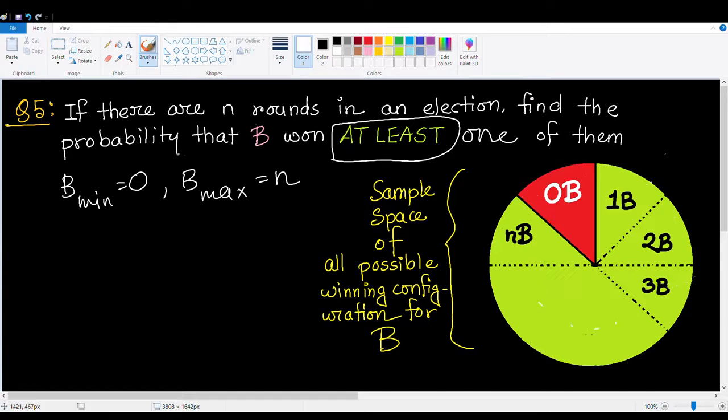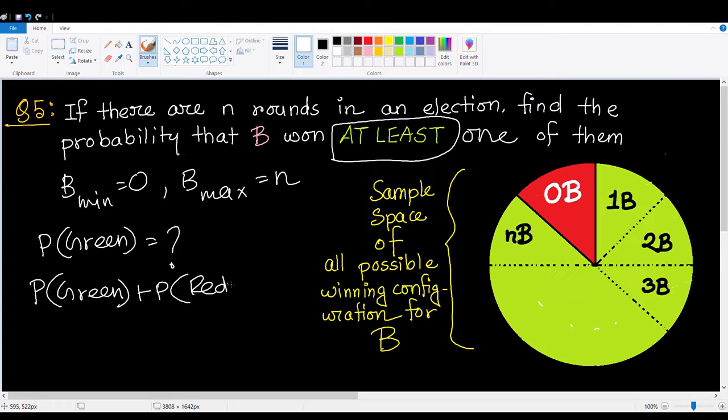Okay, so here are also some other events. So we can write that P green is something we are looking for. So P green equals what? We also know that probability of green plus probability of red, these two probabilities cover the whole sample space, equal to P of omega, which is 1 by our axiom 1.